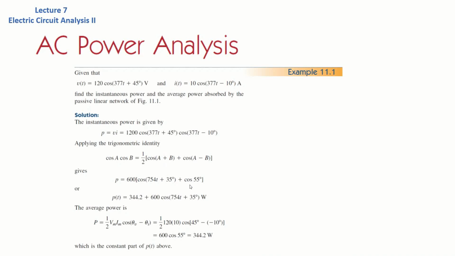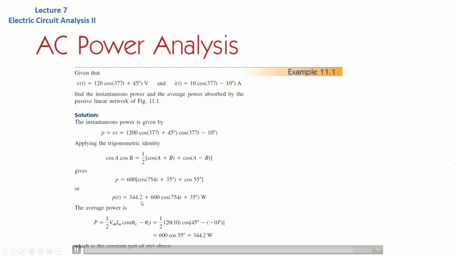That way we end up with this term that does not involve any function of t, and here we have a cosine function that is a function of t, with twice the frequency of either the voltage or current. So this is the instantaneous power.